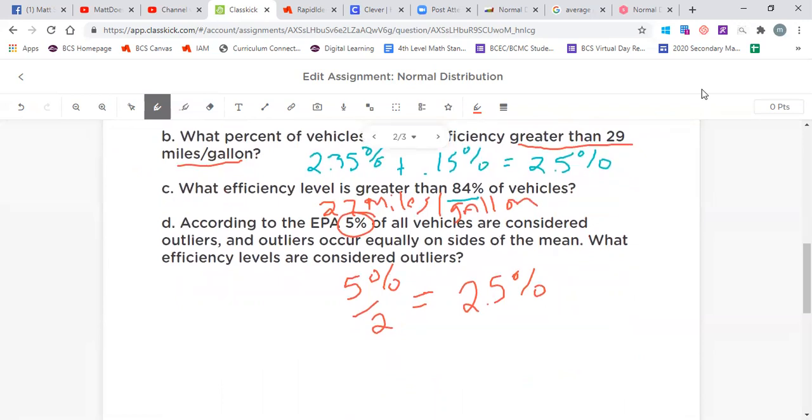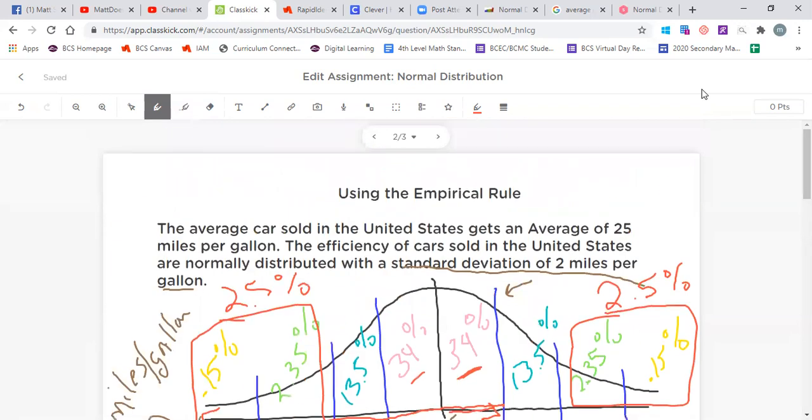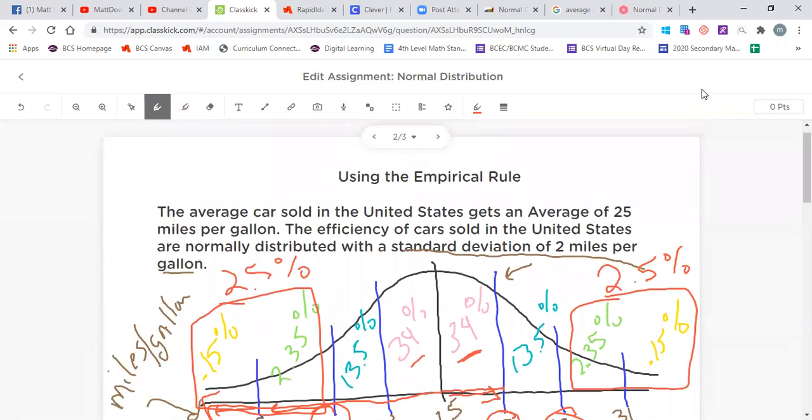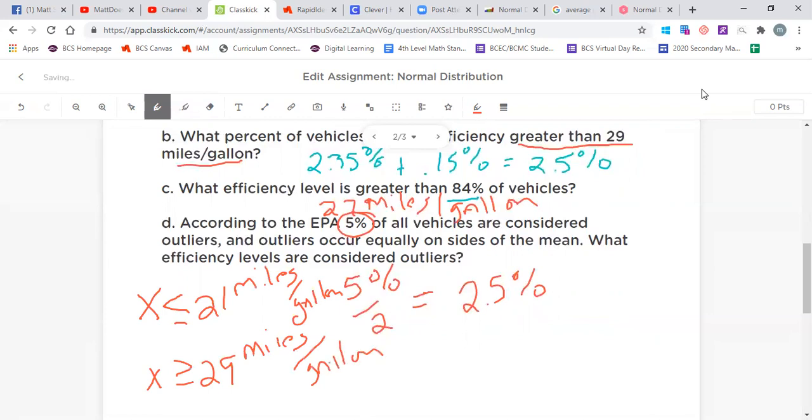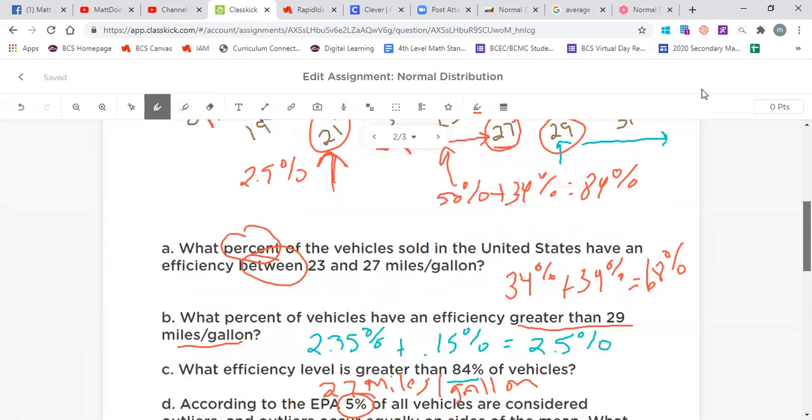I would say that any miles per gallon, X less than or equal to 21 miles per gallon, and also X greater than or equal to 29 miles per gallon would be our outliers in this case.